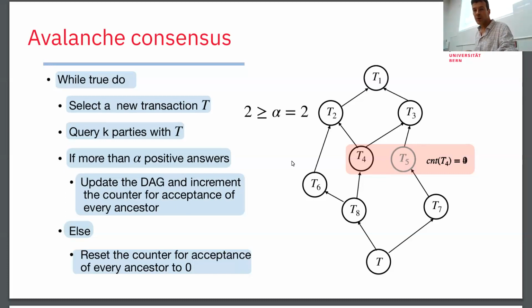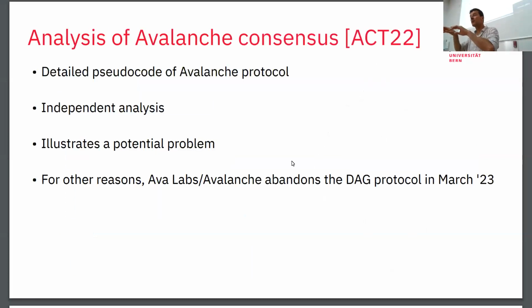So we started to talk to the developers, and at the same time, we tried to demonstrate the attack with the code. And we couldn't demonstrate the attack in the code because the developers told us, oh, we know about this, we don't do what is in the white paper, we do something slightly different. So we are back to square one, trying to prove more security for what actually happens in the protocol, but also for other reasons.